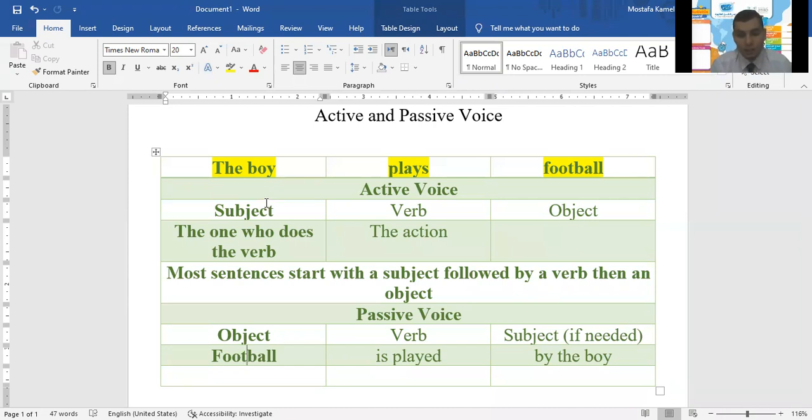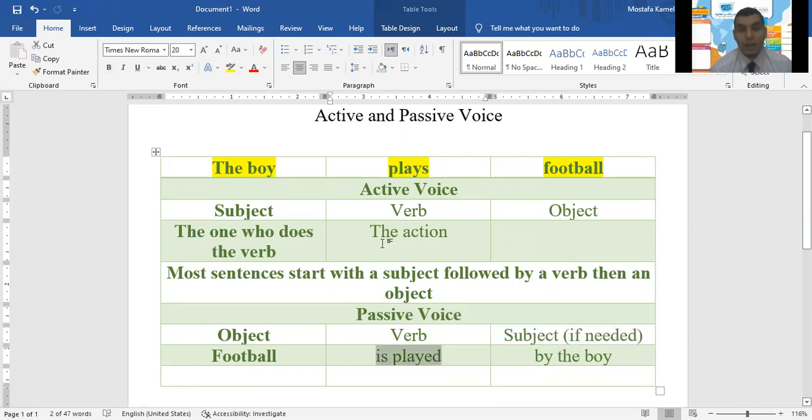We switched them, right? Very good. What else? And we put small things like is and by. Very good. So we changed the verb. What did we do?